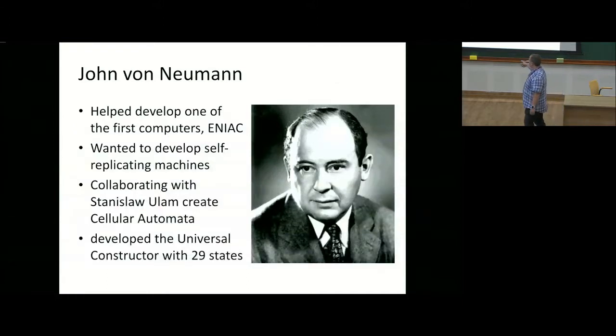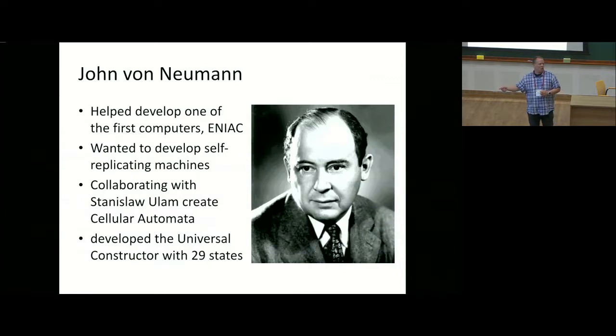John von Neumann actually built a two-dimensional cellular automaton in which each cell had 29 states, and he proved that this was a universal constructor. You essentially could feed this cellular automaton instructions, and it could build anything, including another universal constructor.